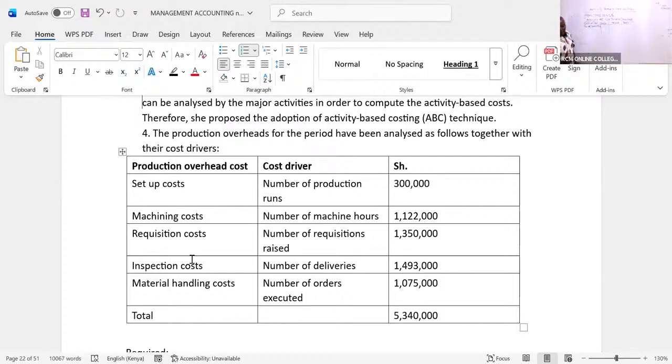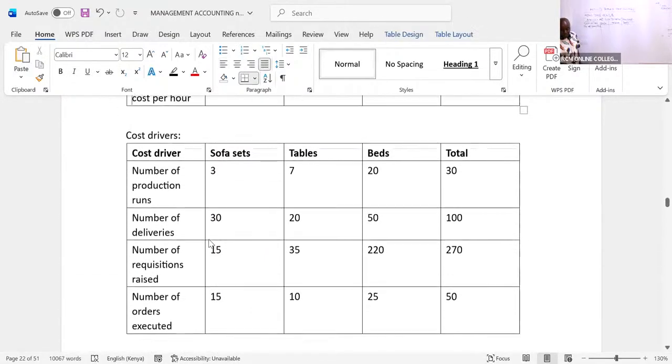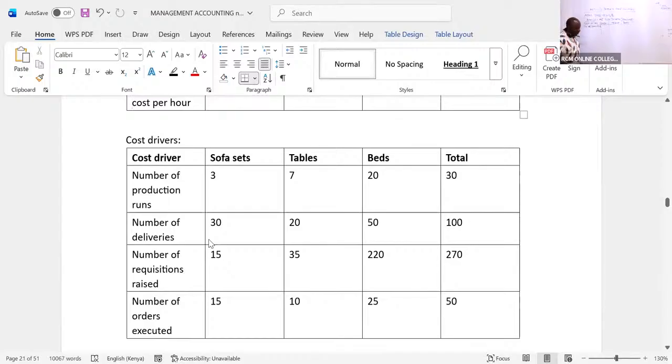How many do we need? Look for the cost drivers in the numbers, the second table up there. So number of production runs, we have 3, 7, 20, giving us a total of 30.